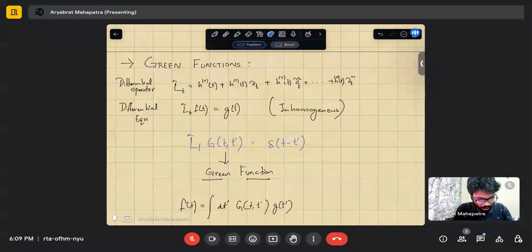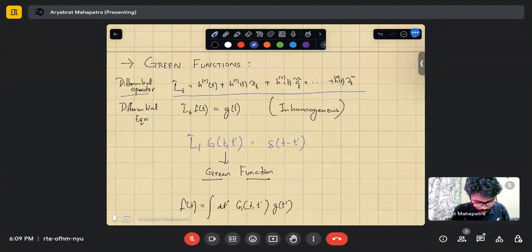Suppose you have a differential operator like this. These are your derivative operators: this is your second derivative, and this is your nth derivative operator. Corresponding to each of these you have a coefficient term, which can be some function of your independent variable, in this case t.